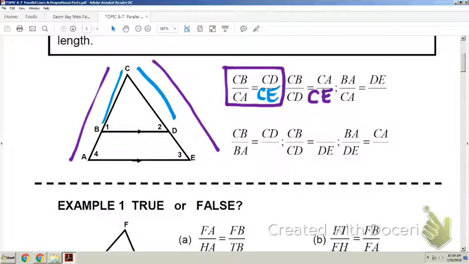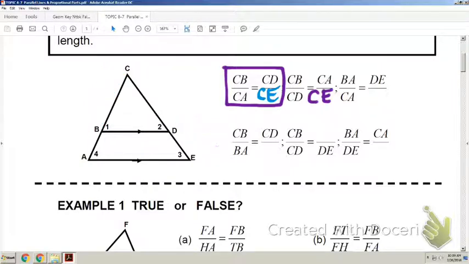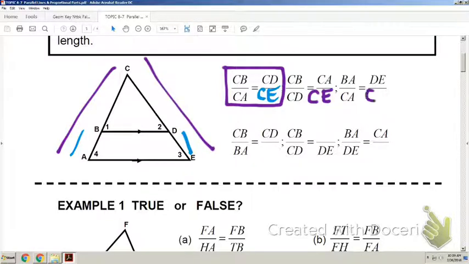You could also do BA, the smaller piece, over CA, the whole thing, equals DE over CE, the whole.